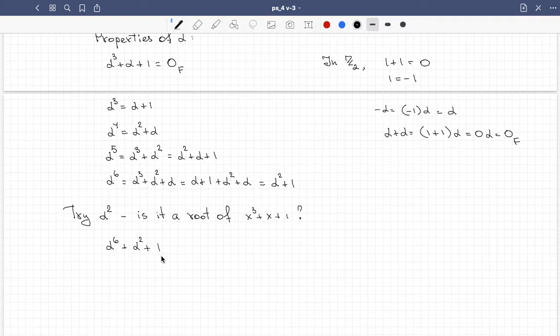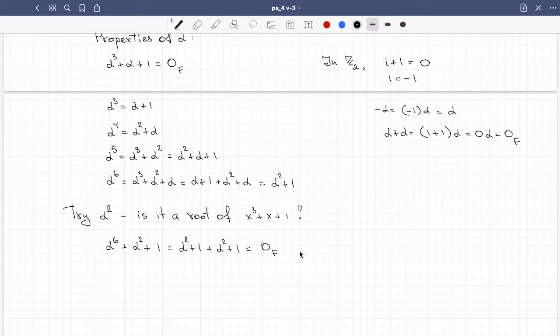And let us use our arithmetic. Alpha to the 6 is alpha squared plus 1. One plus 1 is 0, and alpha squared plus alpha squared is 2 alpha squared. 2 is 0 in Z2, so it is also 0.